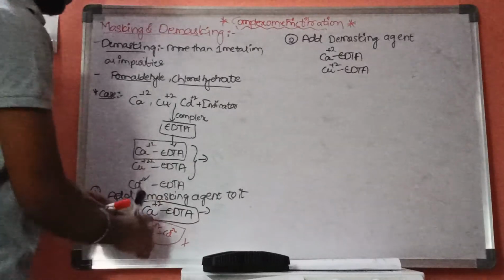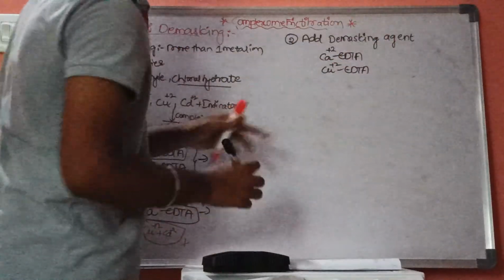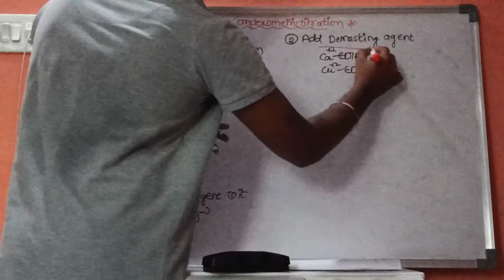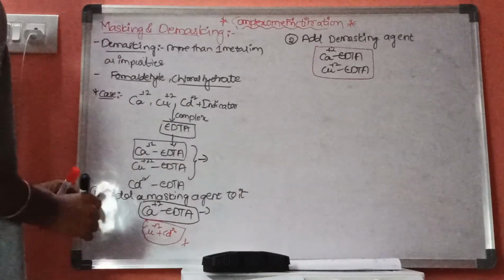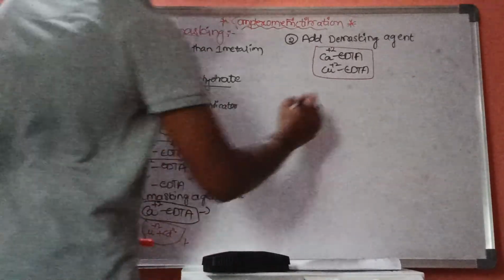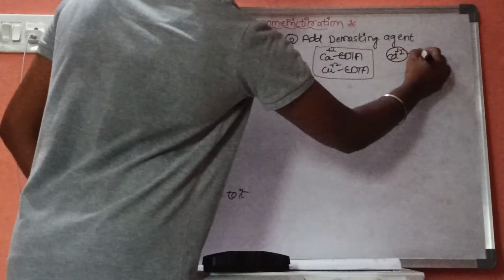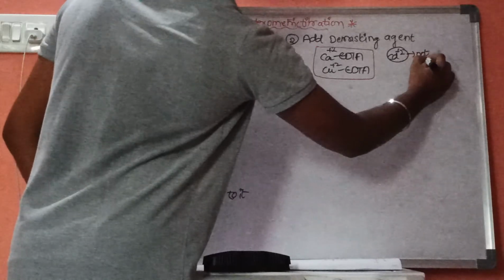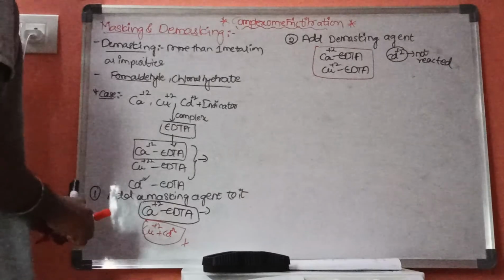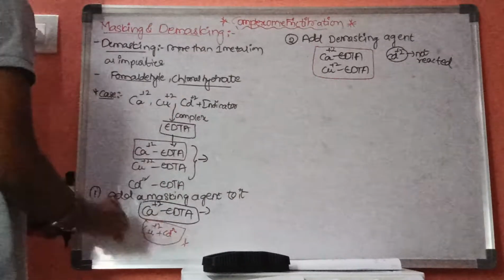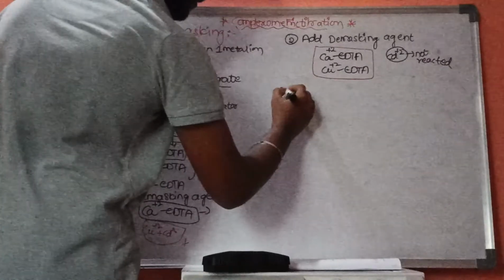The copper masked in the first step undergoes demasking by the demasking agent, resulting in the formation of these two complexes. The cadmium is not reacted, and with these two steps, we can find the value of X.